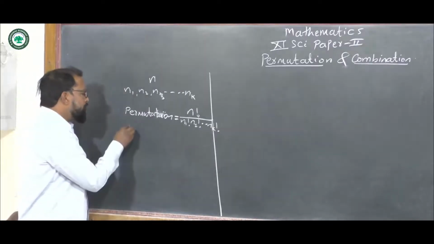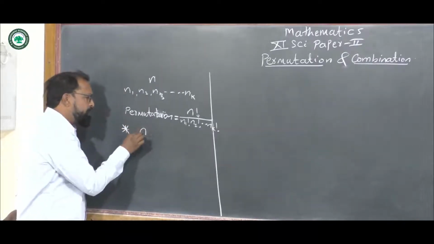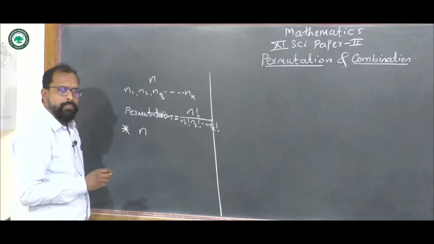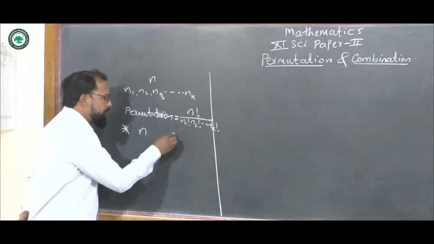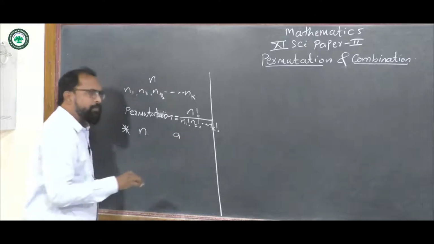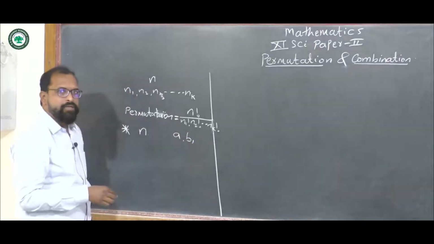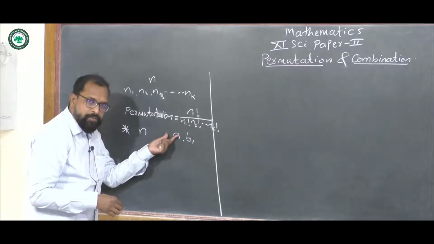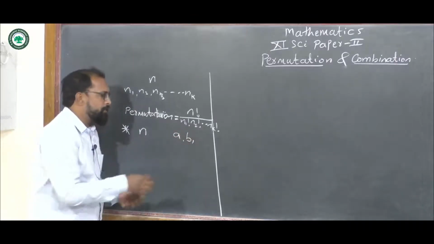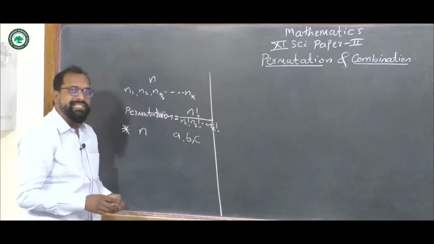In particular, suppose we are given n objects in which A objects are repeated, B objects are repeated, meaning some object repeats A times, some object repeats B times, and some object repeats C times.